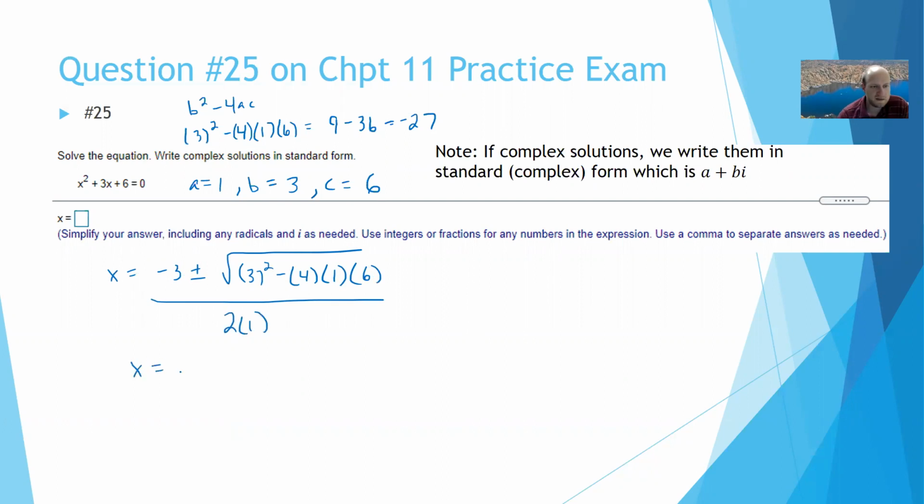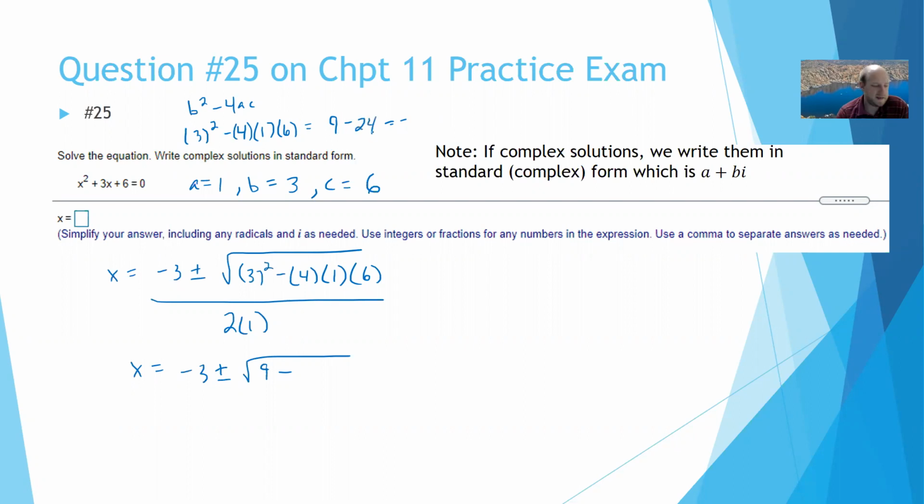So I have x equals negative 3 plus or minus the square root of 3 squared, which is 9, minus 4 times 1 times 6, which is 24. Oh, I messed up the discriminant up here. Anyway, it is going to be negative, but I put 36 for some reason instead of 24.